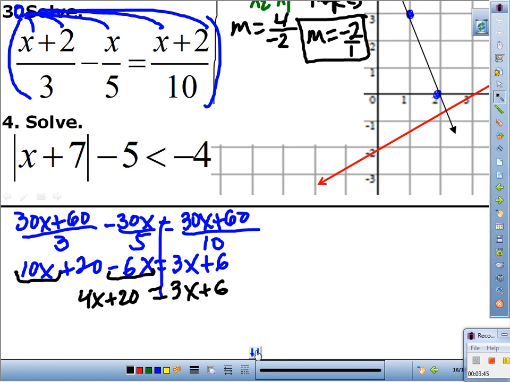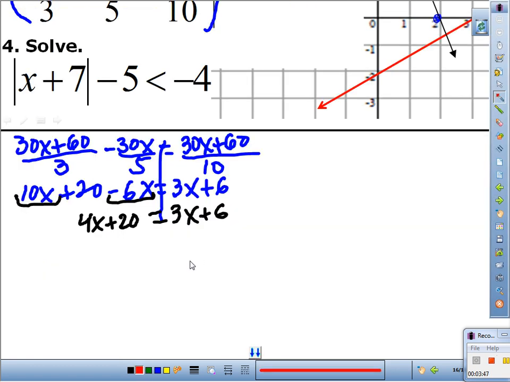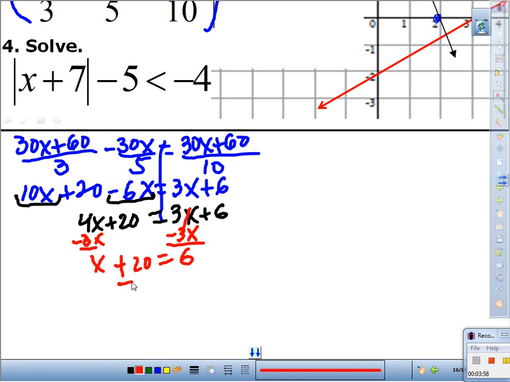Now that we can't simplify anymore on each side, we get all variables to one side. What's the smallest variable? So I subtract 3x. I'm left with x plus 20 equals 6. And my last step, minus 20. Therefore, x equals negative 14. And we got that. Okay, good.